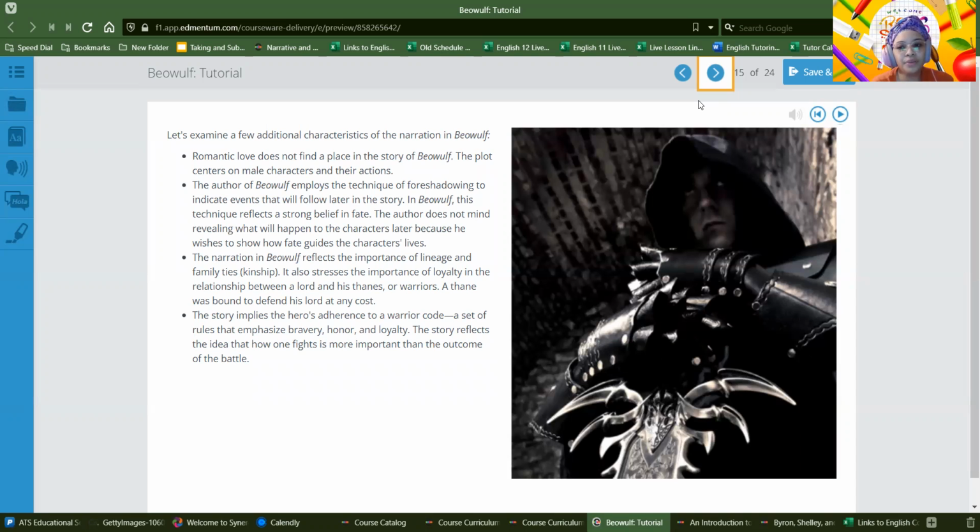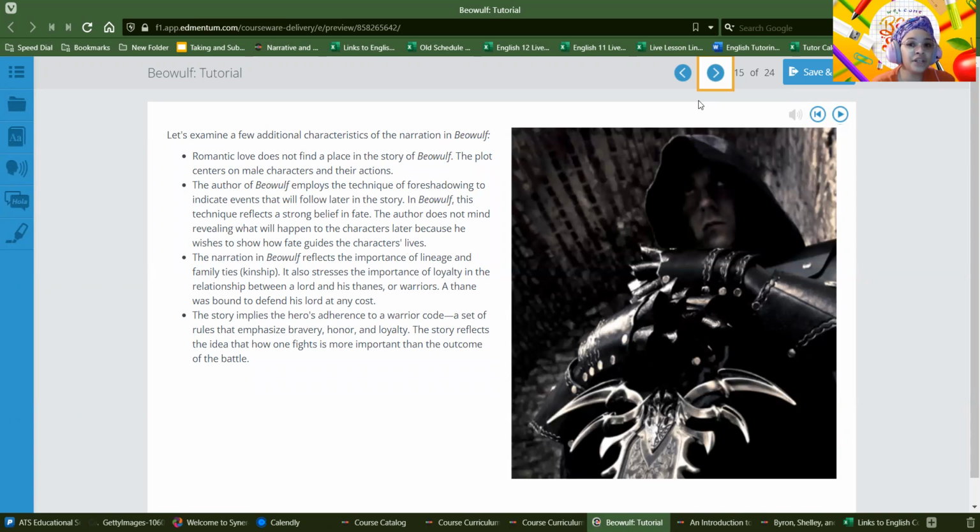The author of Beowulf uses foreshadowing. So basically, you're going to find a lot of hints that refer to, oh, Beowulf's going to be triumphant. Little did he know this would be his greatest adventure yet. Or towards the end, Beowulf doesn't know that this attitude he has is going to be his downfall.